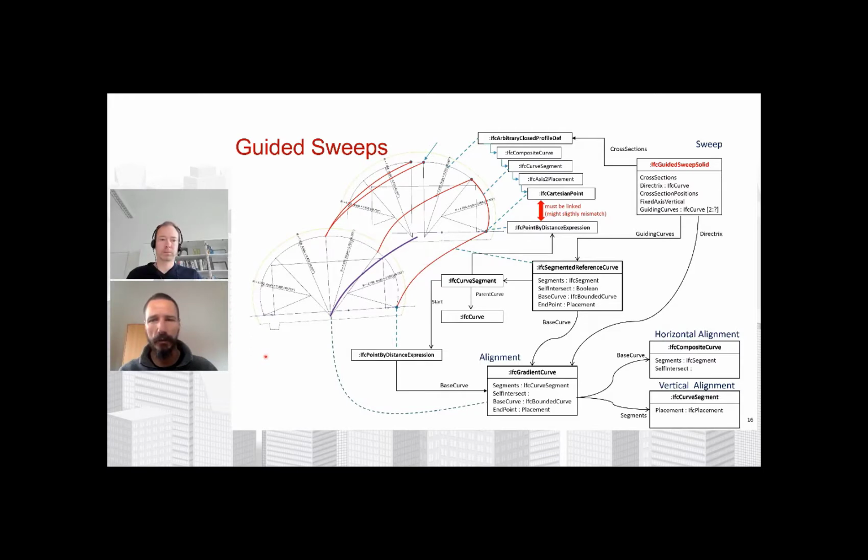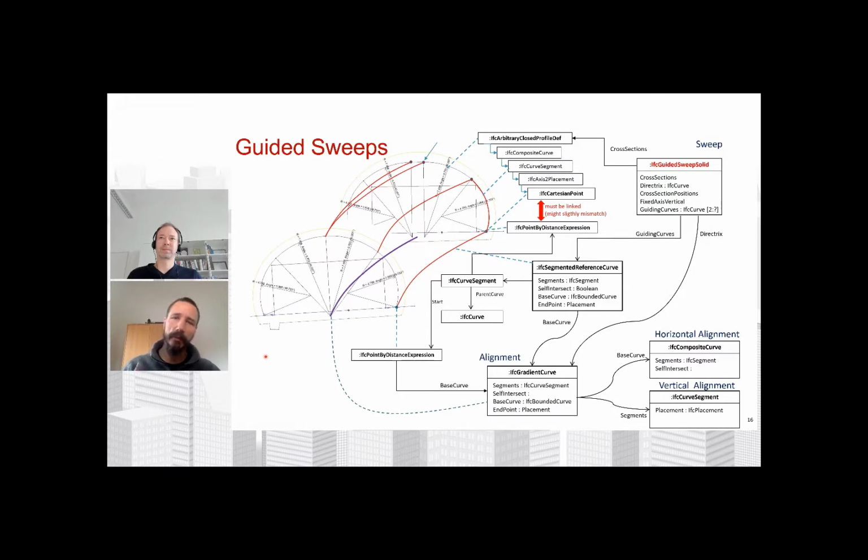This is a bit of a full diagram. It's an instance diagram, and here we also see the problems that come up with such a definition if we don't actually position the points of the profiles on the directrix.